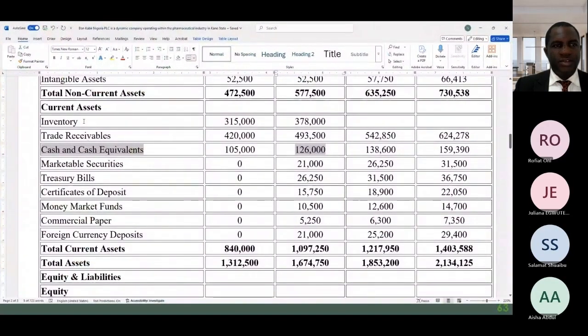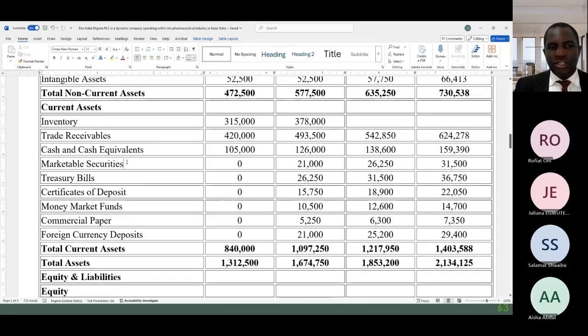We are excluding inventory and trade receivables. Where they don't give cash and cash equivalent, or they just say cash, if you see bank, please pick it. Cash at hand and cash at bank are the two you could use for cash ratio.